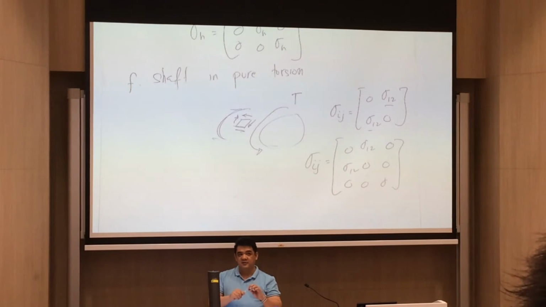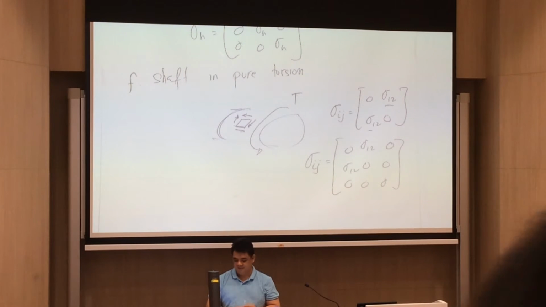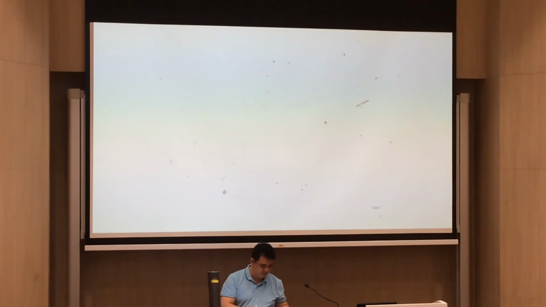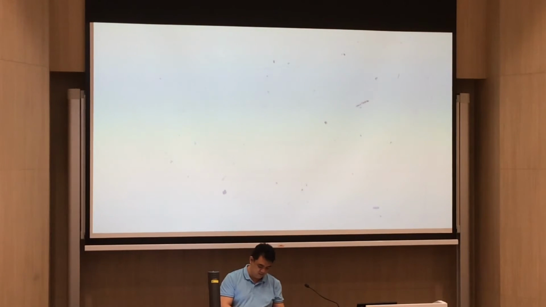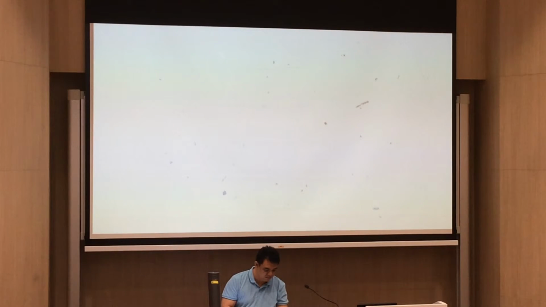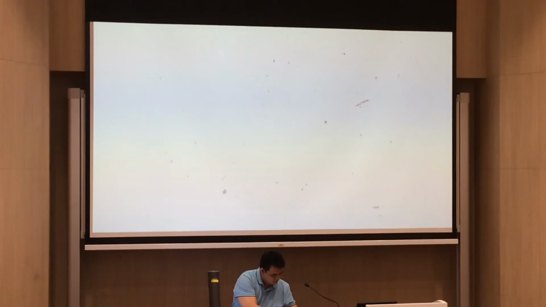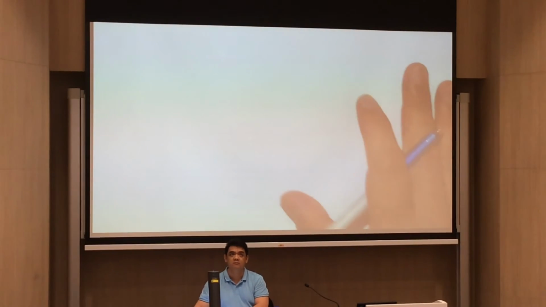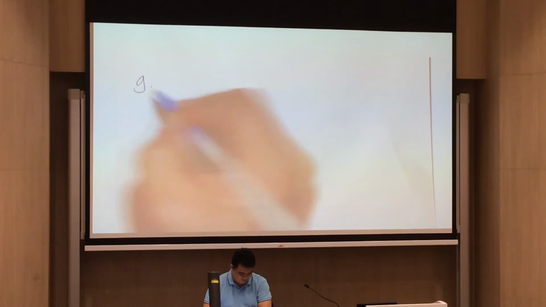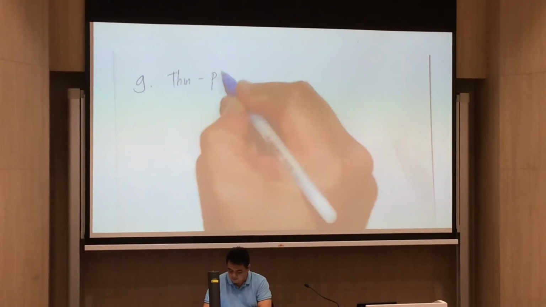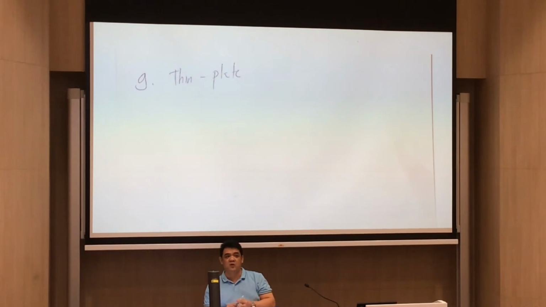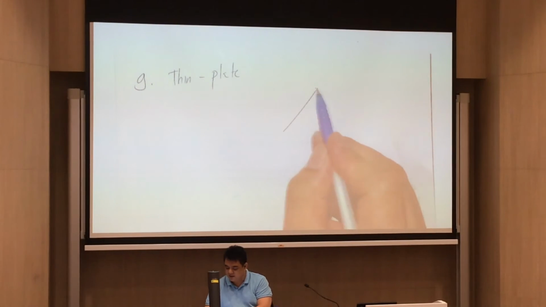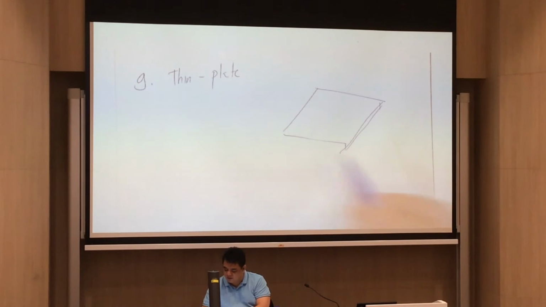Thin plate. What do you have for a thin plate? Here we assume that sigma 33 is equal to 0 because it's a thin plate, so one dimension is much smaller than the other.